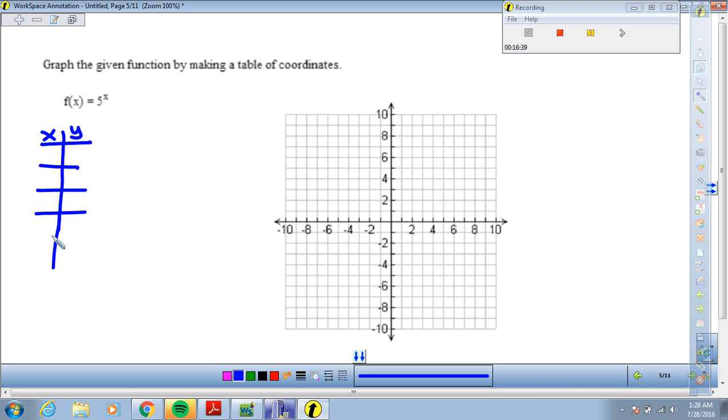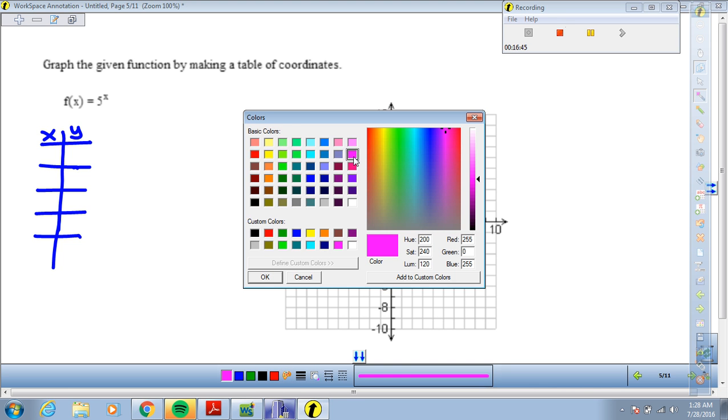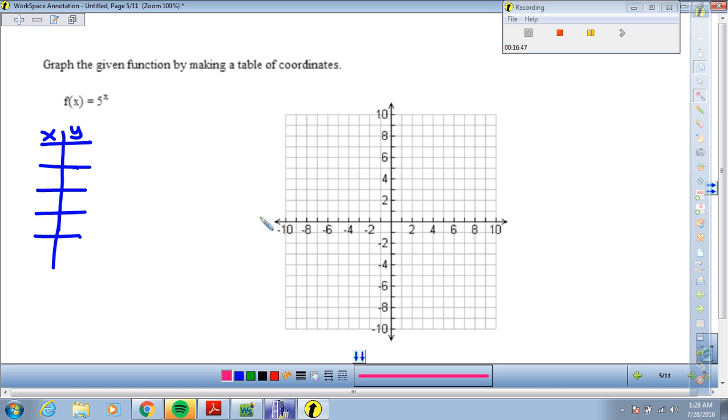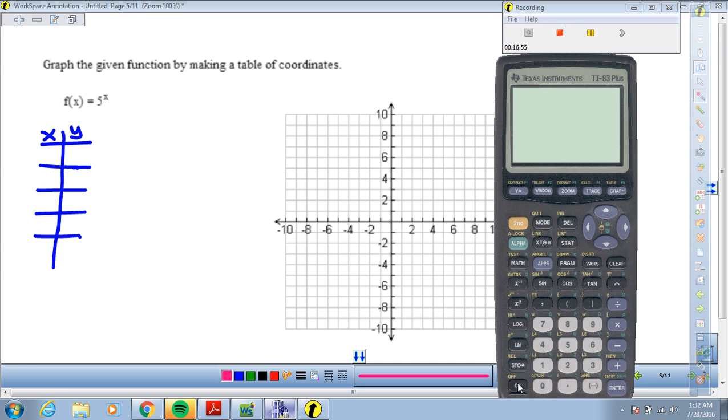In this particular section, we want to spend some time thinking about how we can deal with exponents to create this graph. When I graph 5 to the x, let's look at how this looks on the calculator.